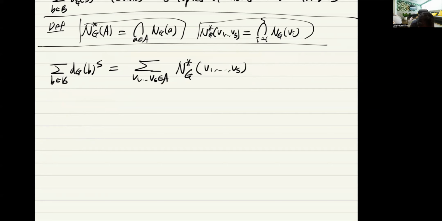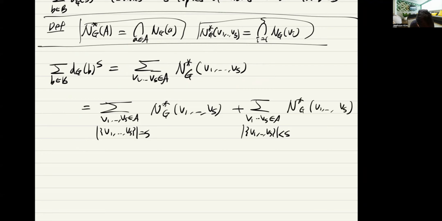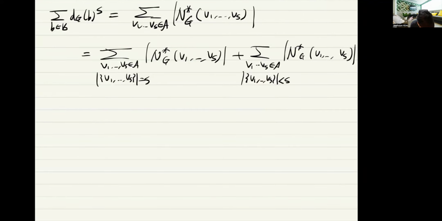And in the latter one, there are actually two cases. We want them to be S in A and all of them distinct, or some of them are not distinct. So we have this.